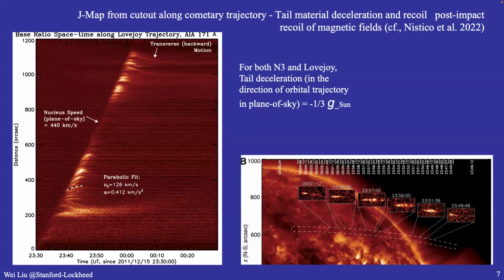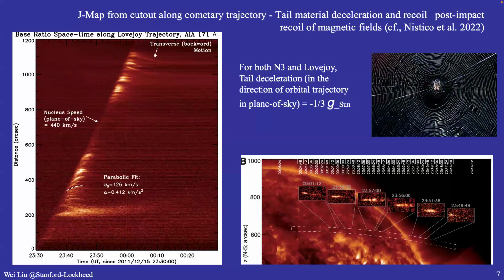There's material deposited from the tail of the comet onto the field lines. You see some gradual deceleration of that tail material, and some of it even turns backward. We found those are evidence of you loading your magnetic field with comet material, which comes at very high momentum. Think about the 600 kilometers per second.